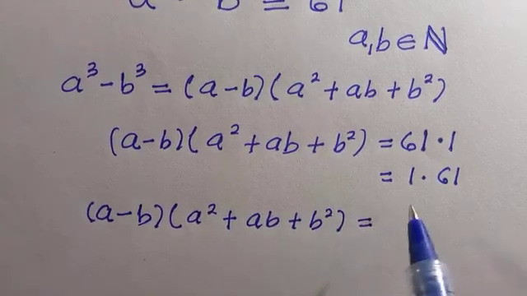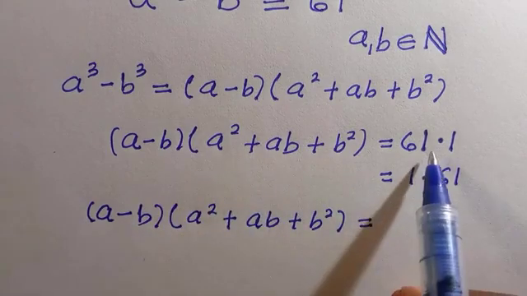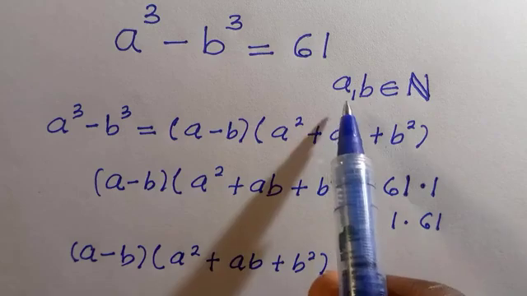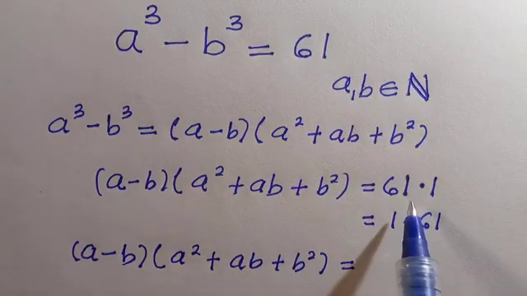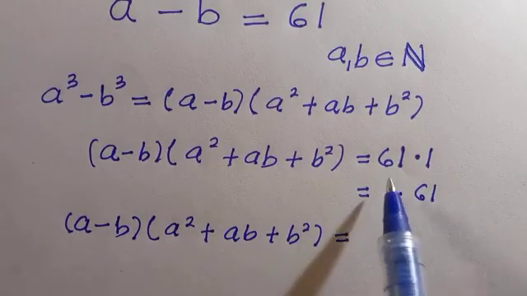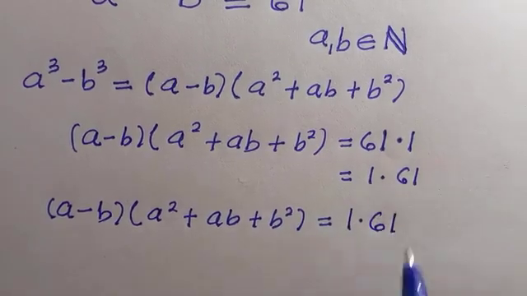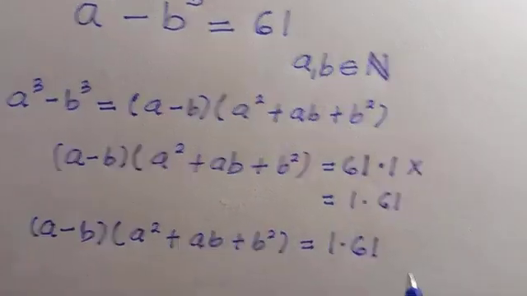I'm going to let this equal 1 times 61, and the reason is that since a and b are members of the natural numbers, 61 times 1 will not satisfy this problem.